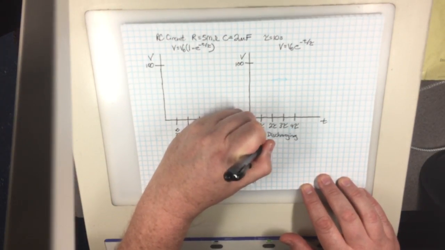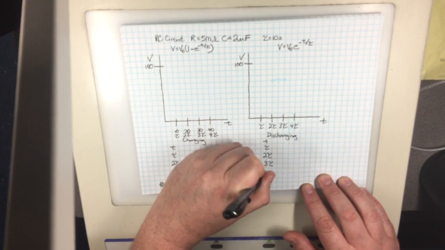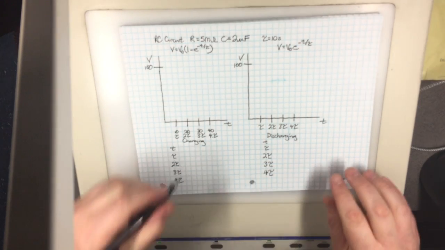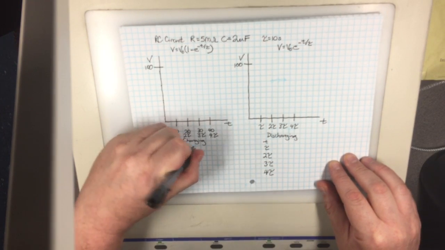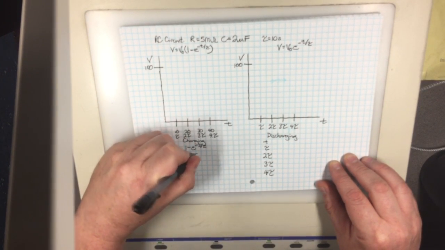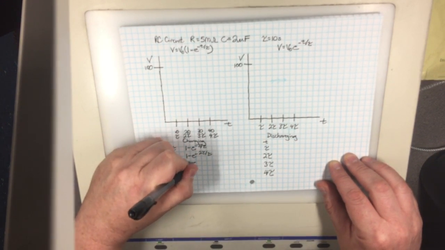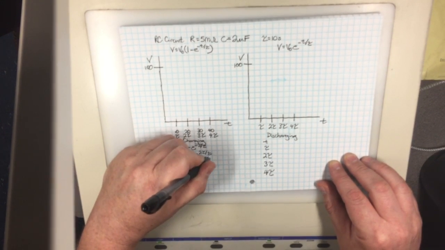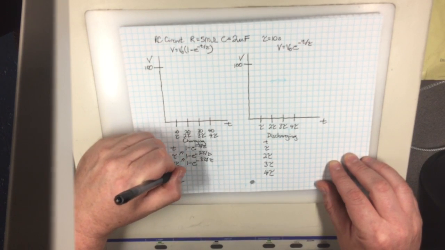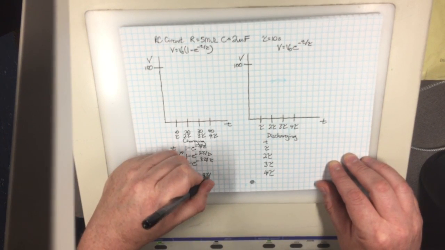Discharging, time values of tau, 2 tau, 3 tau, and 4 tau. 1 minus e to the negative tau over tau. 1 minus e to the negative 2 tau over tau. 1 minus e to the negative 3 tau over tau. Oh, I wrote them in the wrong place. That goes there, that goes there, that goes there.